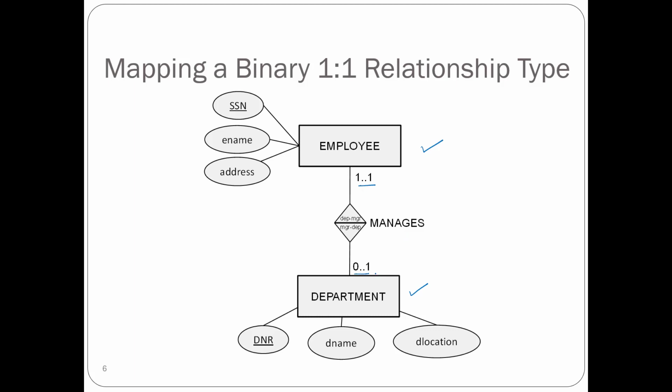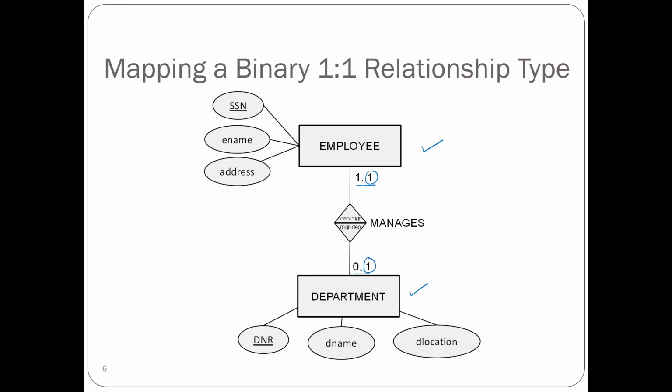Our assumption, or our business rule, is such that we are allowing it to be one to one. Now, how do we determine that it is one to one? You need to pay attention to the maximum cardinality. The maximum cardinality at each end of this relationship will determine whether it is one to one or one to many.